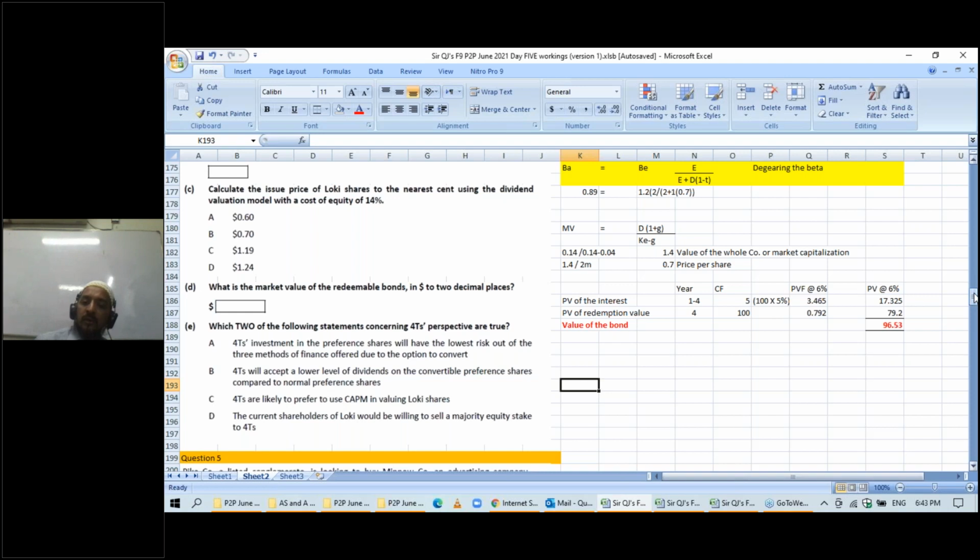So the cost of equity should be calculated using CAPM rather than the dividend growth model. A and D are not correct according to the story given in the question. So the correct answer is B and C.